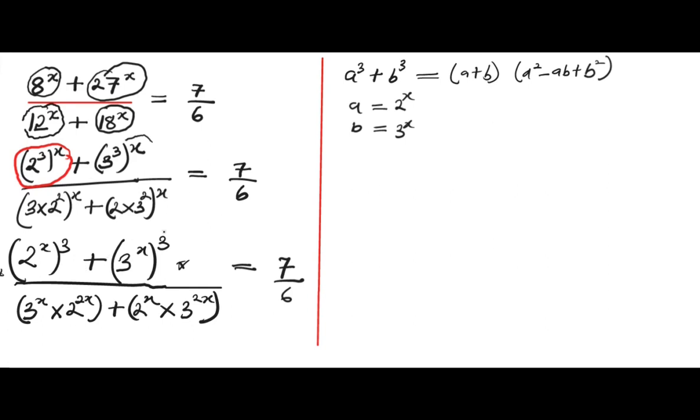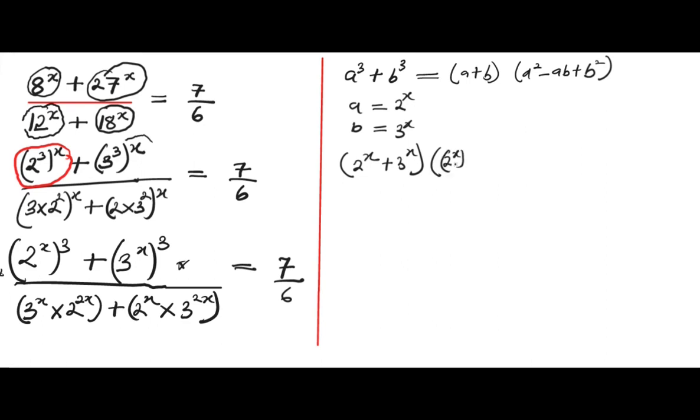So we have a, we're going to write 2 raised to the power of x, plus b, we're going to write 3 raised to the power of x. And a squared, we're going to write 2 raised to the power of x all squared.